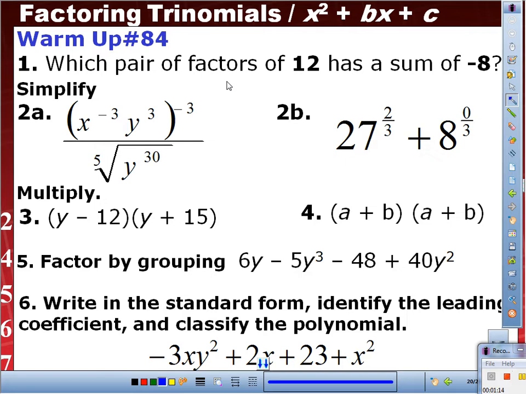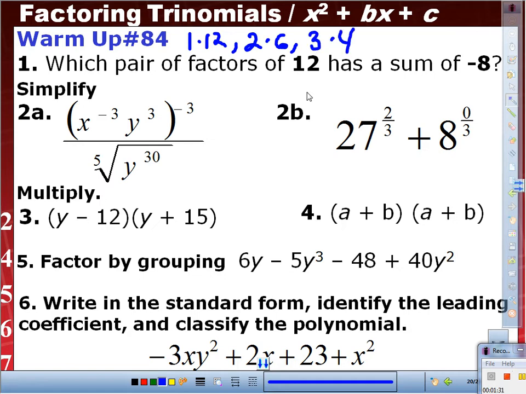So what two numbers multiply to give me 12? Let me give you all the possibilities: 1 times 12, 2 times 6, and 3 times 4. And of course, if I continue, I can reverse them, 12 times 1, 6 times 2, and so forth. Out of those 3 sets, which one can we add or subtract to give us -8?